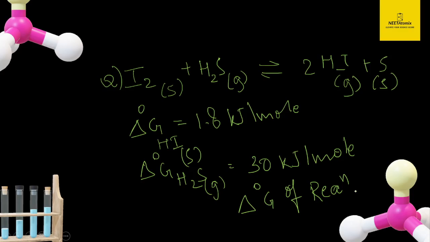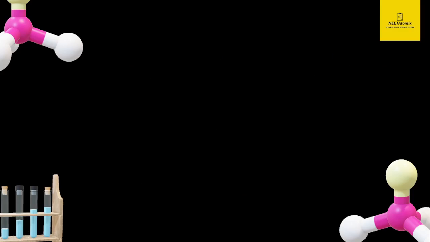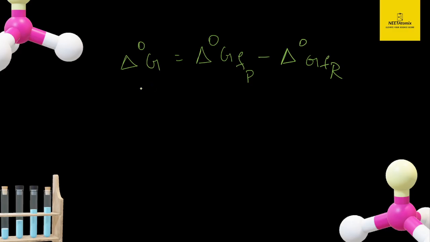I already said that delta G naught is equal to delta G naught formation of the products minus delta G naught formation of the reactants. This is the formula we have to use.